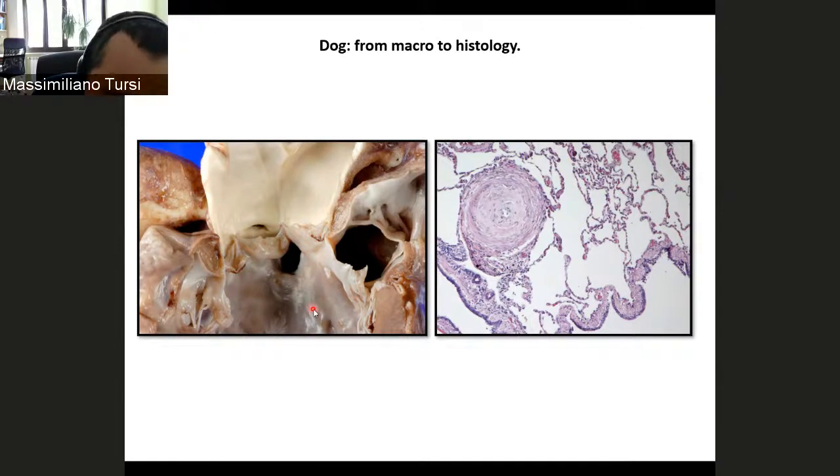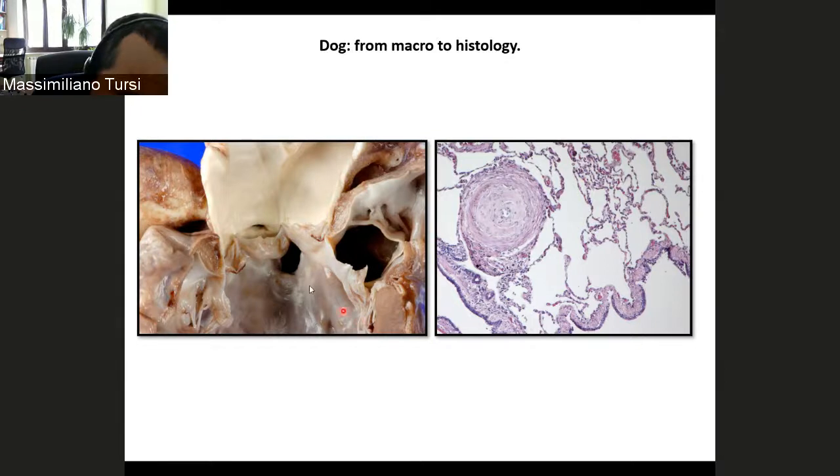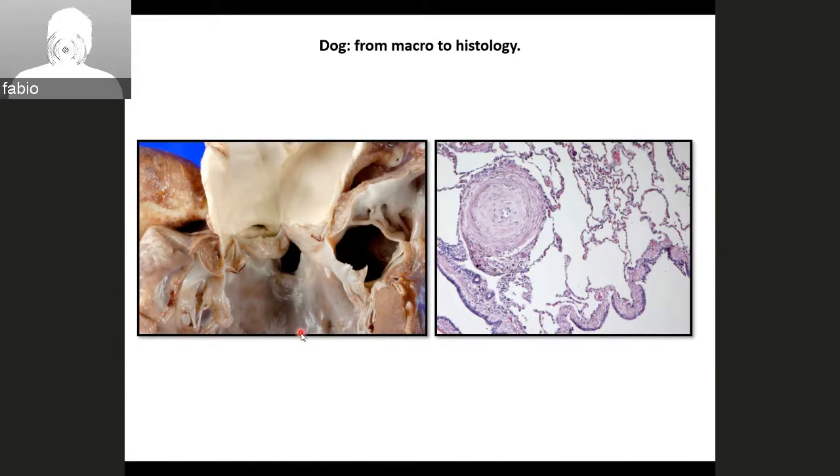So sometimes it's not easy to say only membranous. For me, it is membranous and perimembranous, because there is also an involvement of the myocardial component around. So it's not small. No, it's quite large actually.